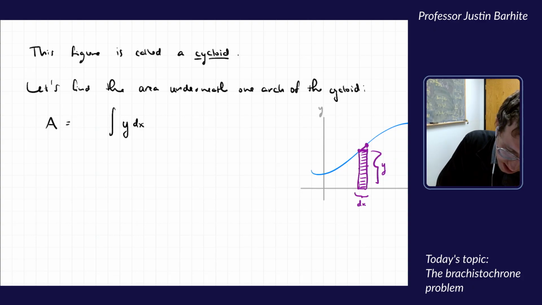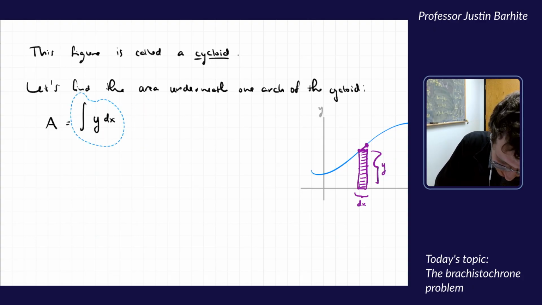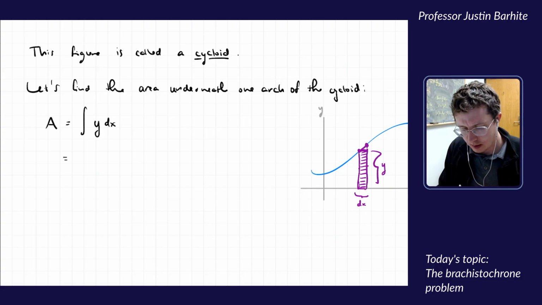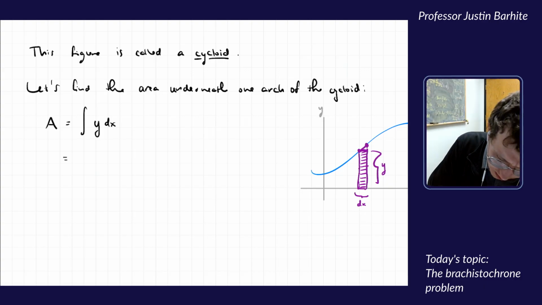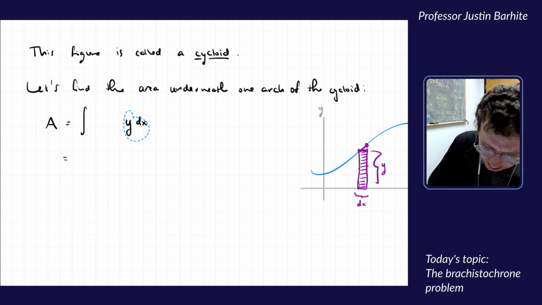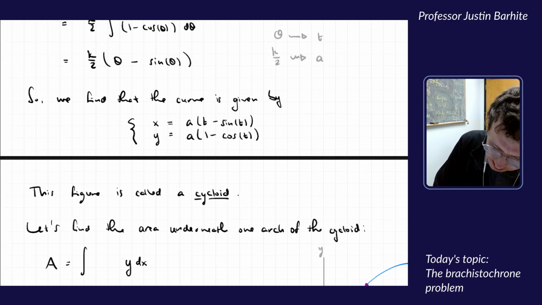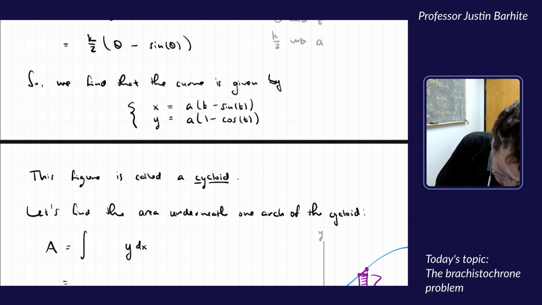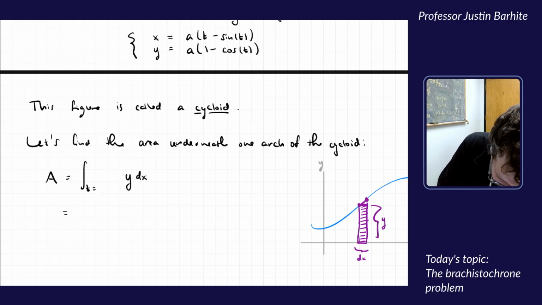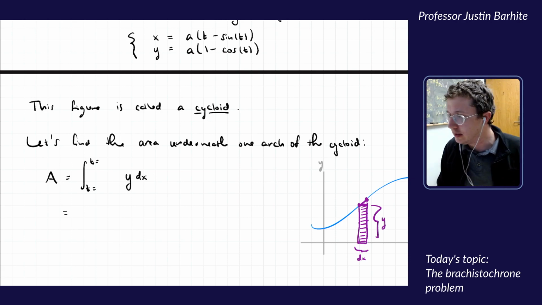What's the total area? Sum them up. So we're going to integrate y dx. We do need to do a definite integral. These are parameterized in terms of t. So I'm going to give the bounds for t. Since I'm giving t bounds and not x bounds, I'm going to write t equals.